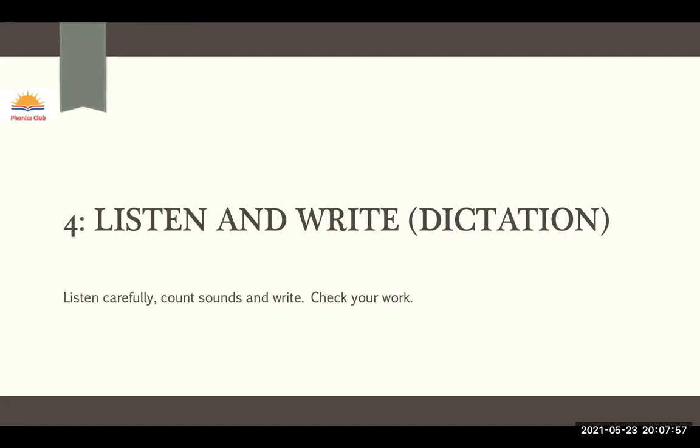B, O, T. 3 sounds and 4 letters. Next, chip. Ch, I, P. 3 letters and 4 sounds. Ch, I, P. Chip.